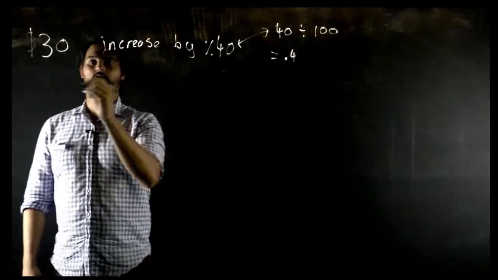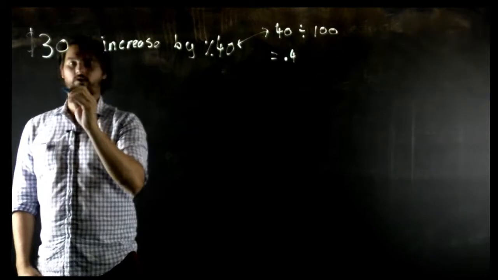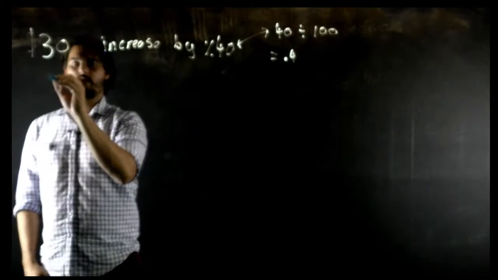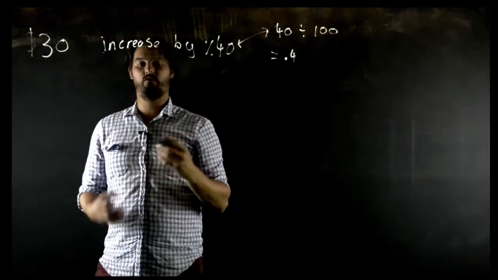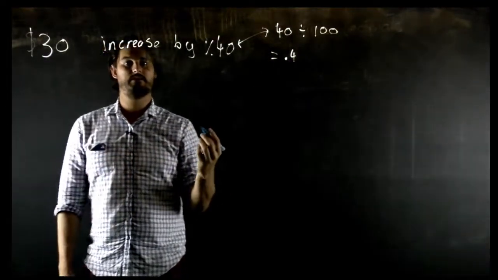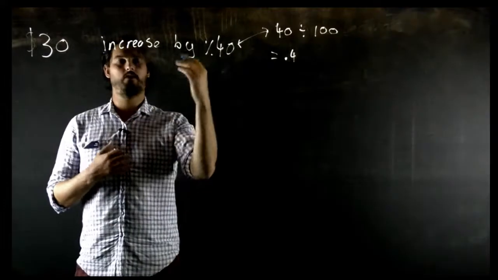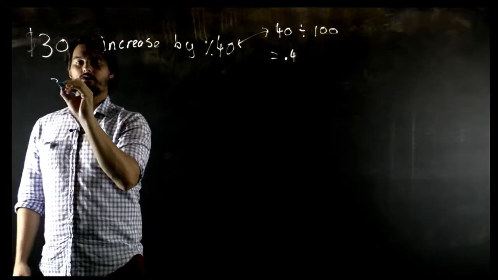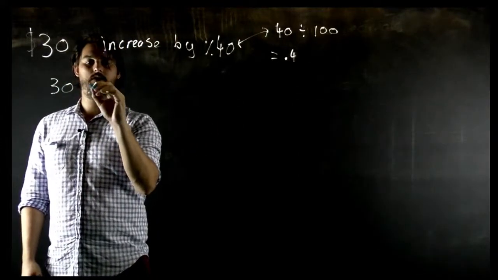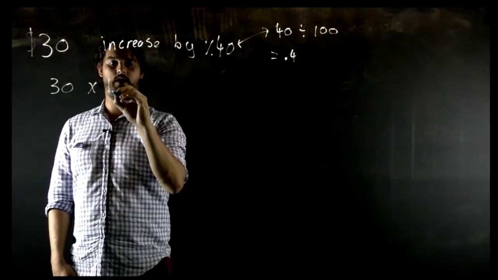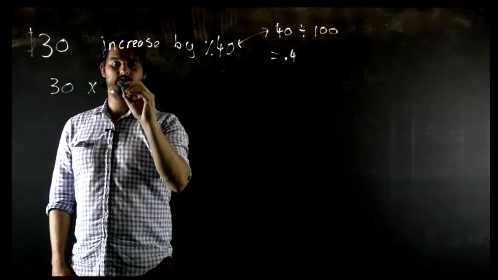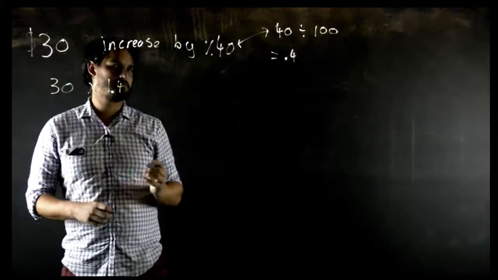If we want to increase an amount by 40%, the easiest way to do that is this: we know that if we times 30 by 0.4, that's going to give us a number that's less than 30, but we need to increase, so we need to go up. So how we do that is we times by 100%, which we can write as 1.4.